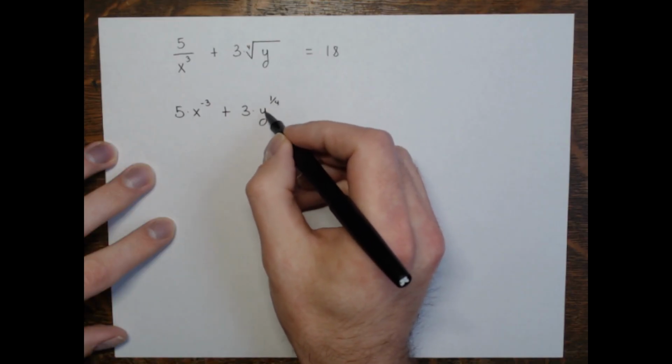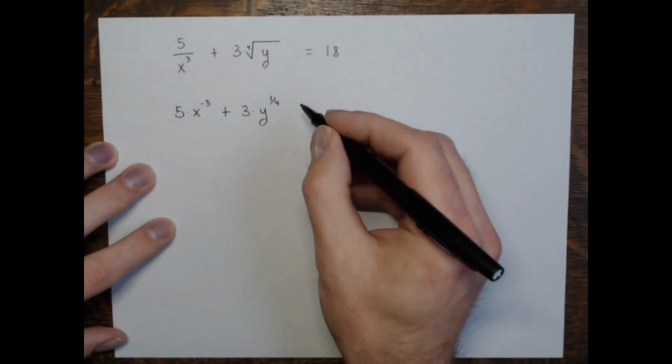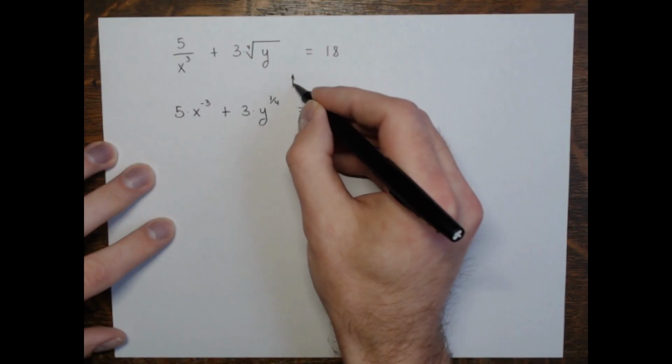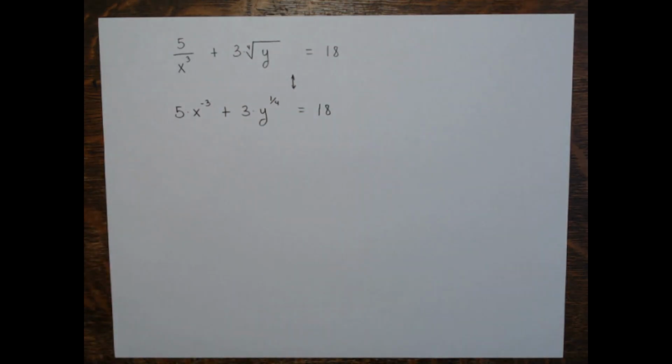Remember, fraction powers are the same as roots. And then equals 18. Okay, so these are the same thing, right? I didn't do the derivative yet. I just rewrote the expression on the left side to make it easier to do the derivative.